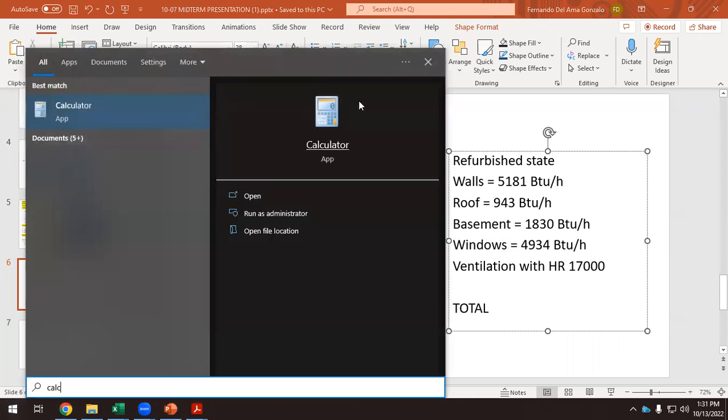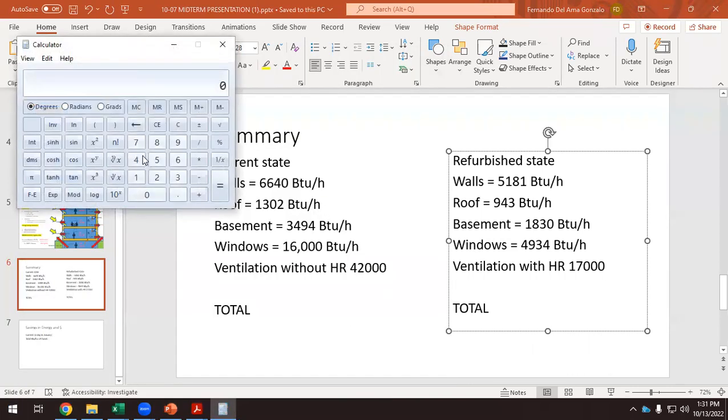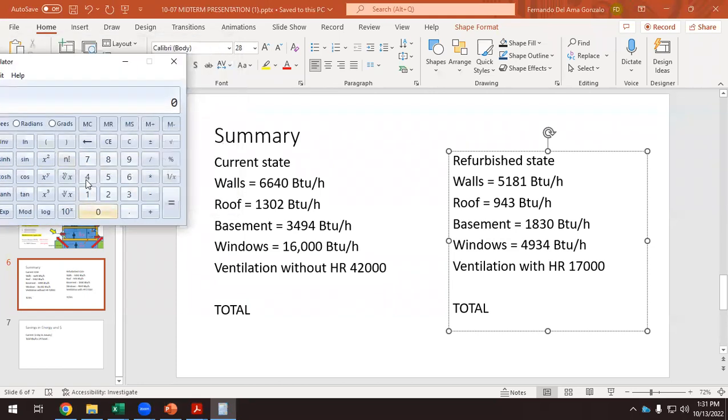But if we do this calculation, we have 42,000 plus 16,000 plus 34 plus more.